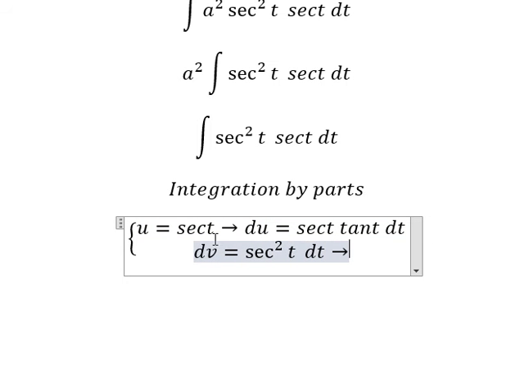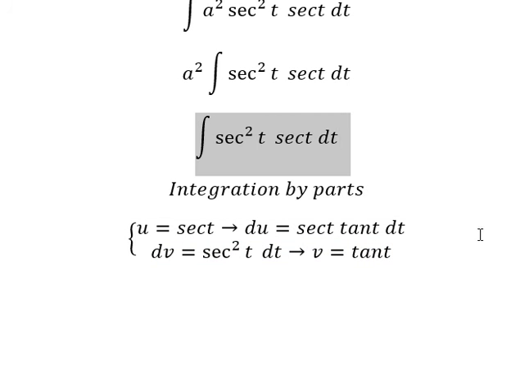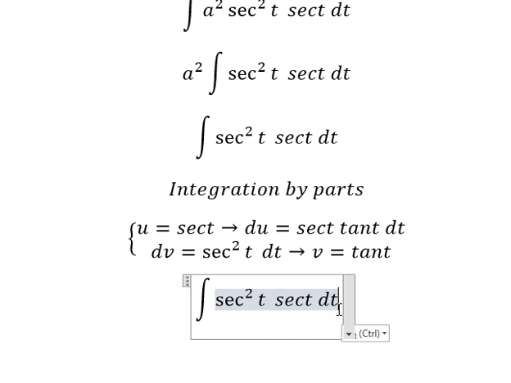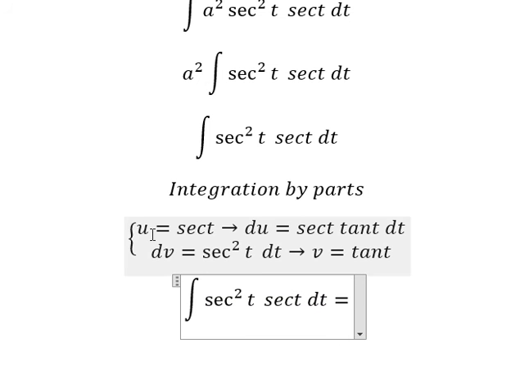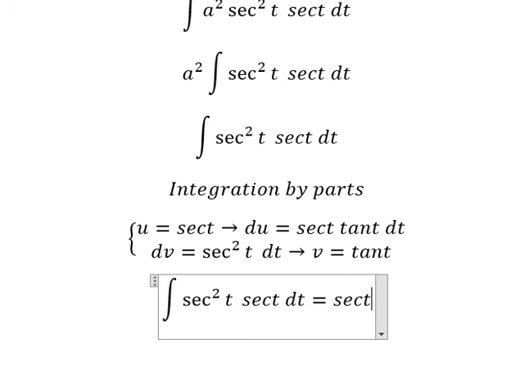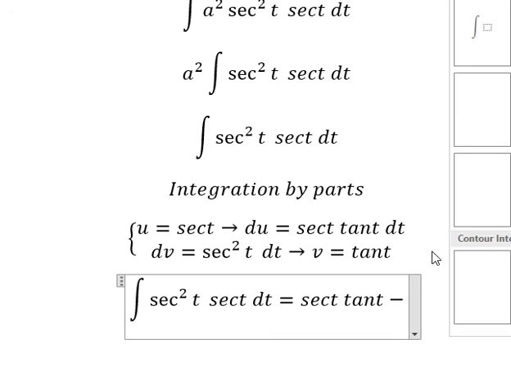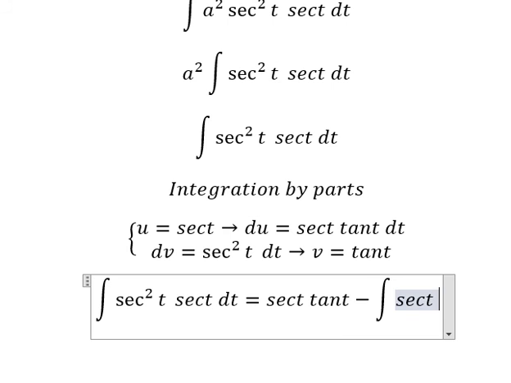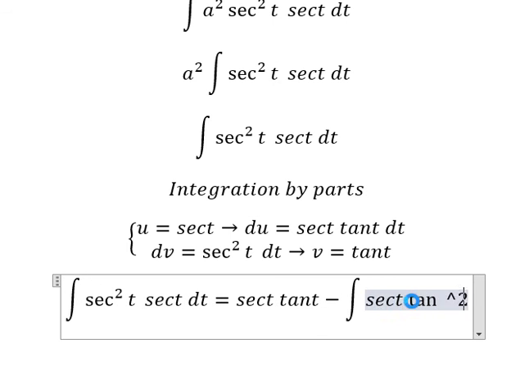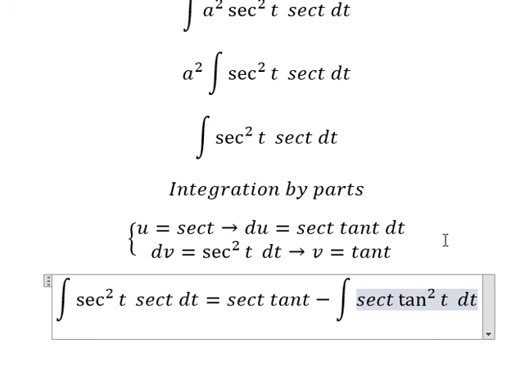The integration of this one, you got v equals to tan t. So we have u multiplied by v, so you got secant of t tan t minus du multiplied by v, so we have the integration of secant of t tan t square dt.